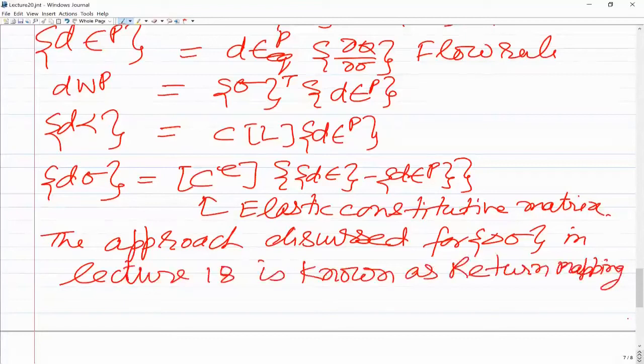Why is it return mapping? Because you are initially an elastic predictor, you are going somewhere outside the yield surface, then you are updating the yield surface and coming back on the yield surface. So that is why it is referred to as return mapping.